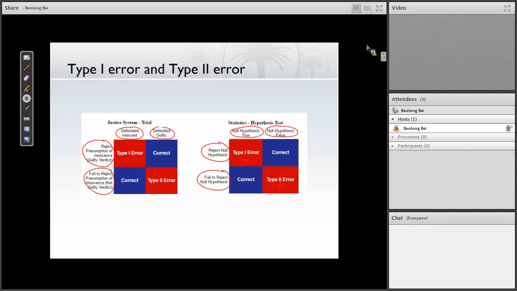That means if you reject a null every time, you only have 5% of chance to commit an error. On the other hand, you have 95% of chance to be correct, right? And likewise, you can control type 2 error to be small so that the probability of being correct is always a lot higher than the probability of committing error. So it's just about probabilities. That's why we did learn probabilities. Okay, p-value is a probability.